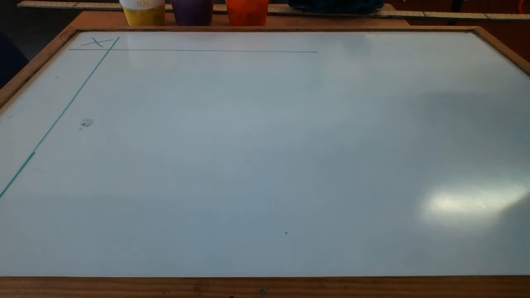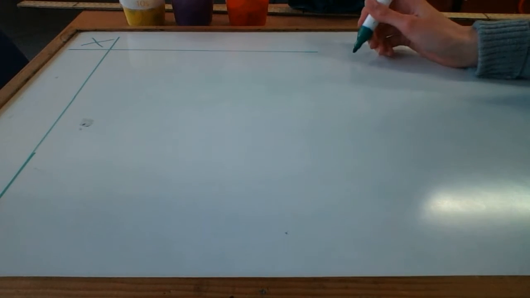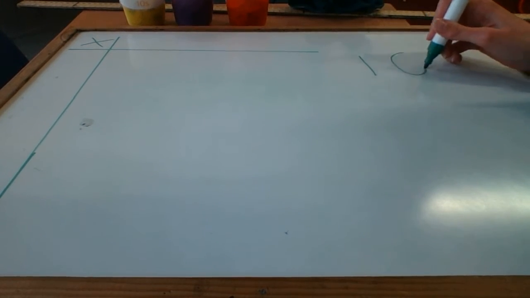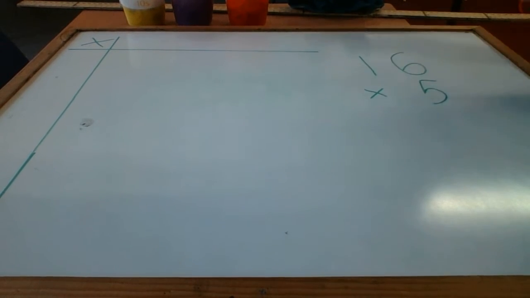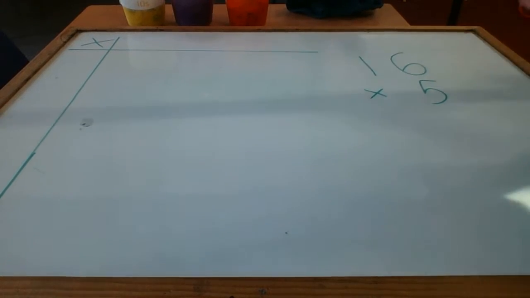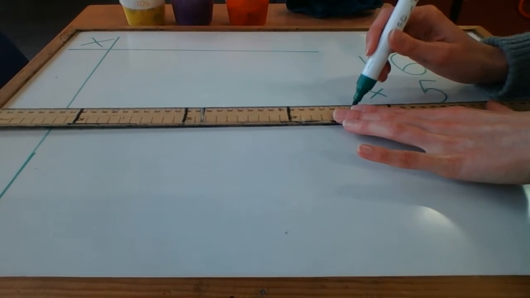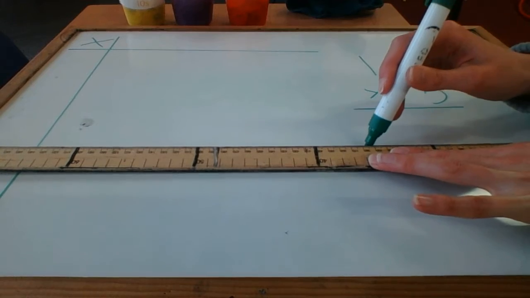So the first calculation we're going to look at is 16 times 5. Which would be the same as 5 lots of 16. The answer would be the same as 5 times 16.